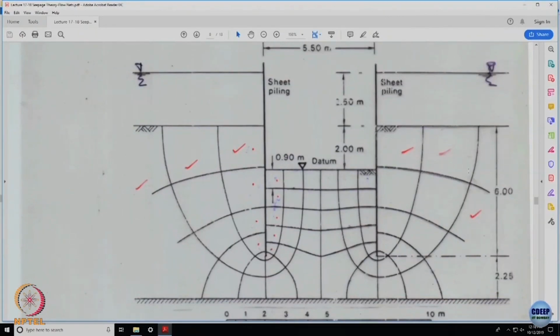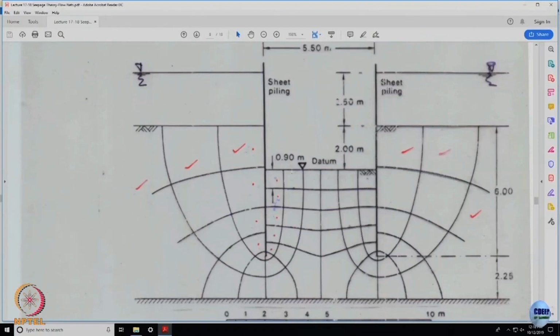This is the flow regime which has got established. From this point to this point, which is atmospheric, I hope you understand the seepage is being caused by this head minus 0, clear, agreed. In other words, the head is dropping from this plane to this plane in a number of drops, which I have represented as ND.